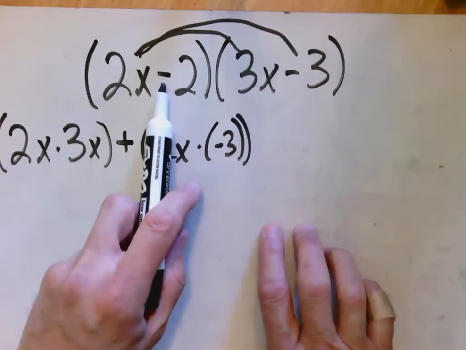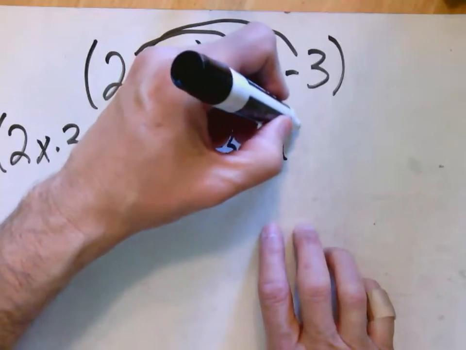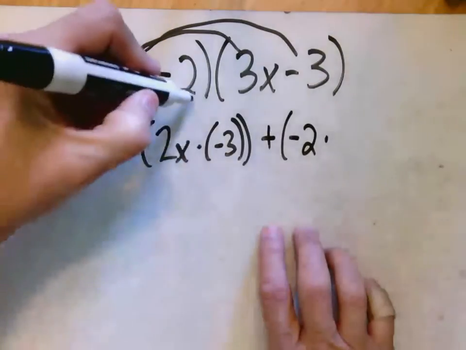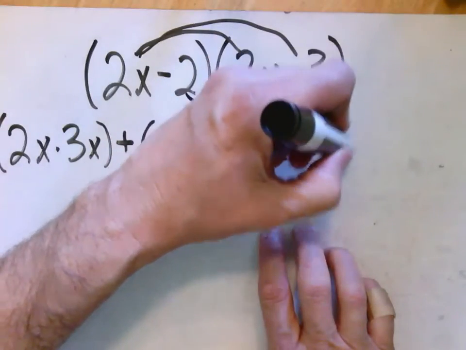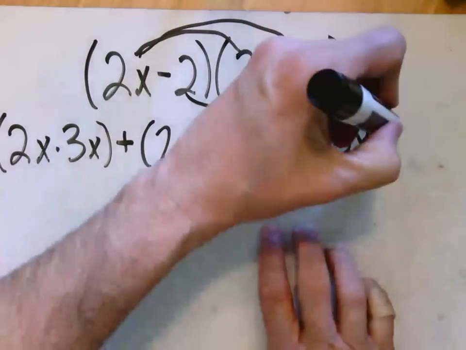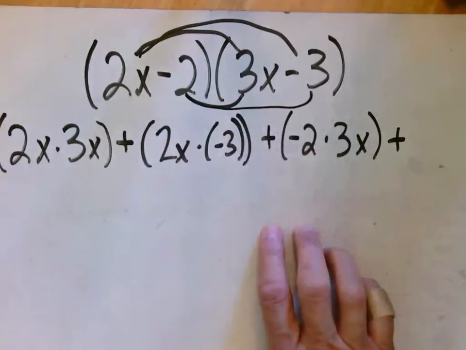Important negative because that negative symbol is attached to the 2. So it's negative 2 times 3x. Okay. And then we have negative 2 times negative 3.